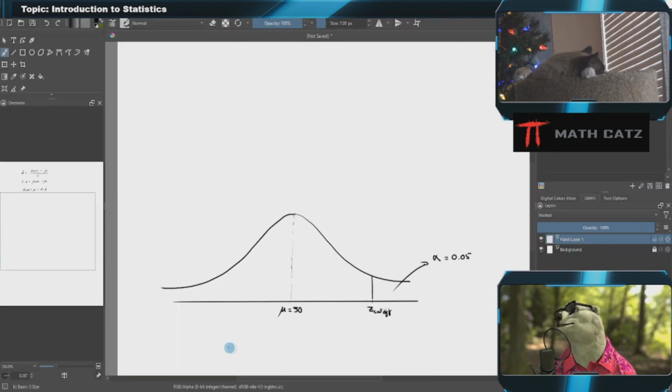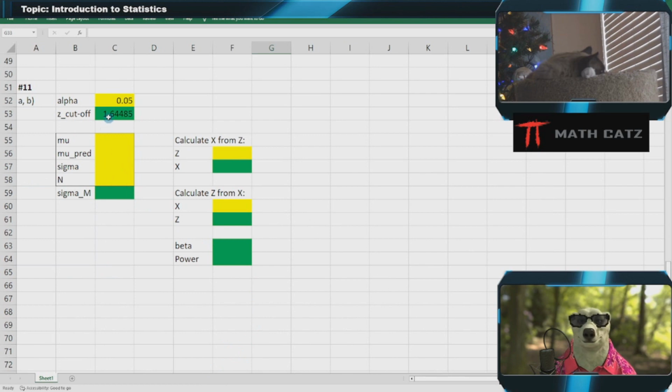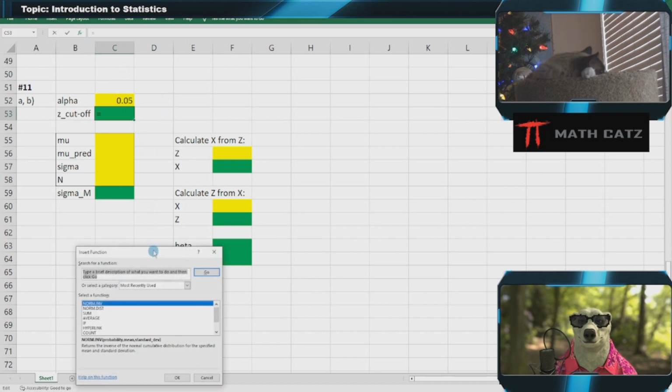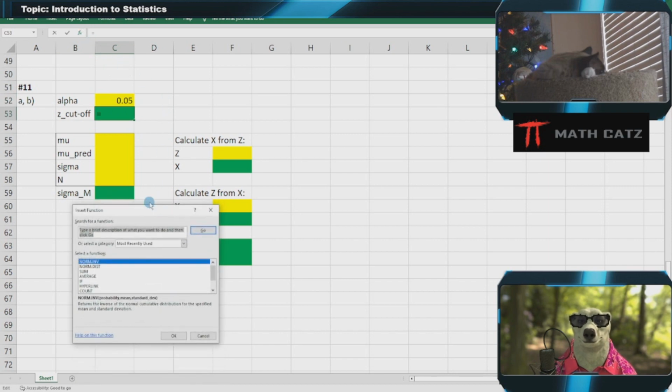For that you can look it up in a table, or Excel can be very handy. I'm just going to delete that to redo that. So I put in the alpha that I want, and now the spreadsheet has the normal distribution function built in. So I can search for normal, maybe.